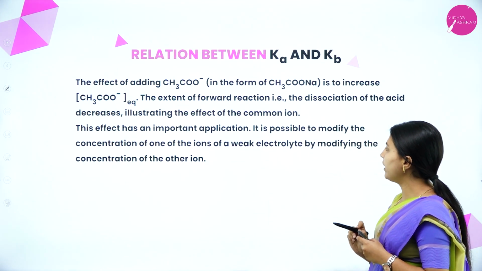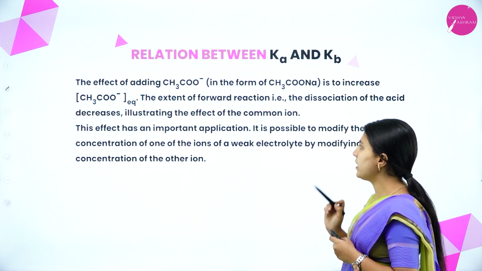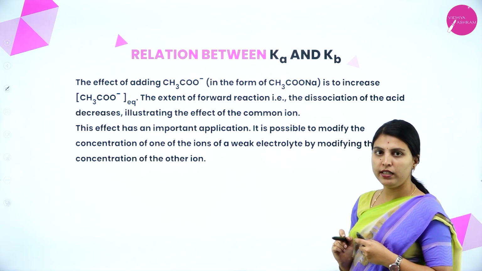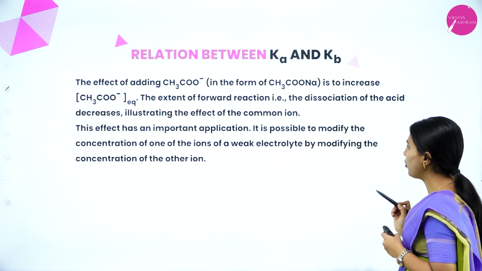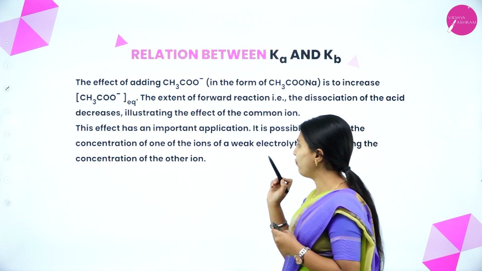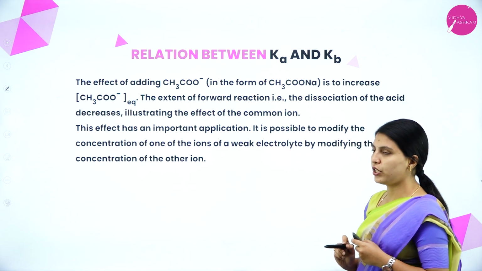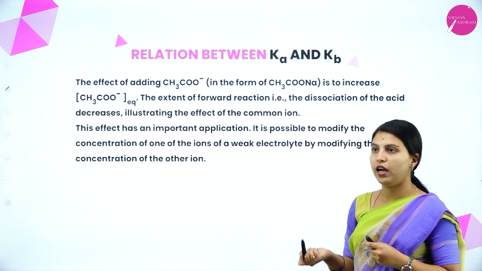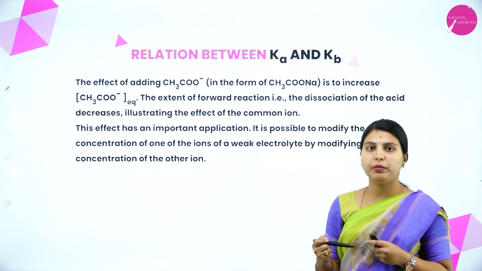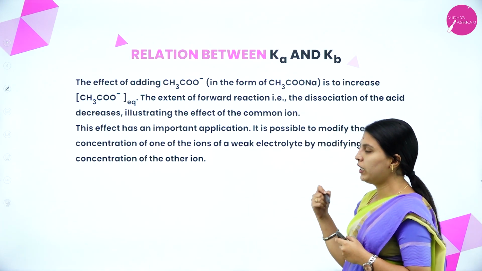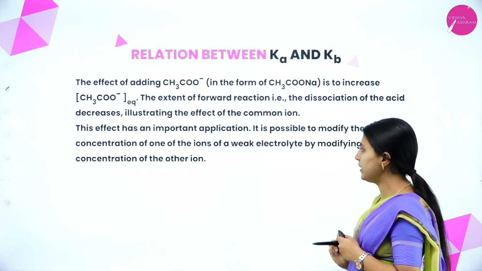The extent of forward reaction, that is the dissociation of the acid, decreases, illustrating the effect of the common ion. This effect has an important application. It is possible to modify the concentration of one of the ions of a weak electrolyte by modifying the concentration of the other ion. This is how the common ion effect works: the strong electrolyte will suppress the action of the weak electrolyte in the same medium.